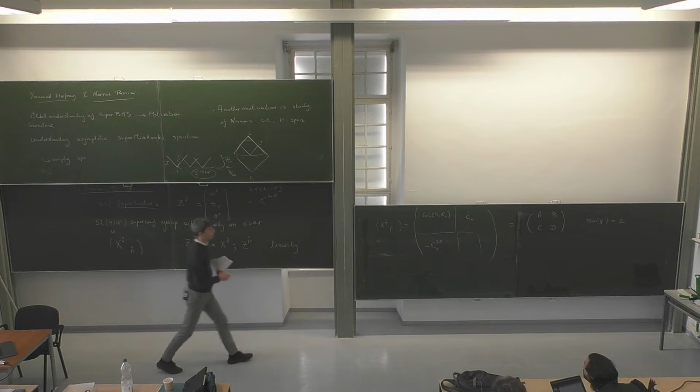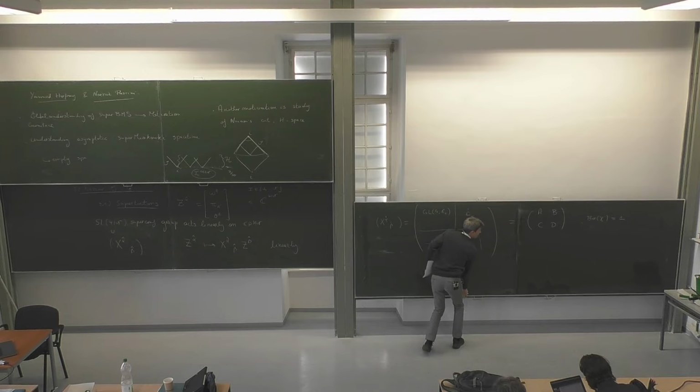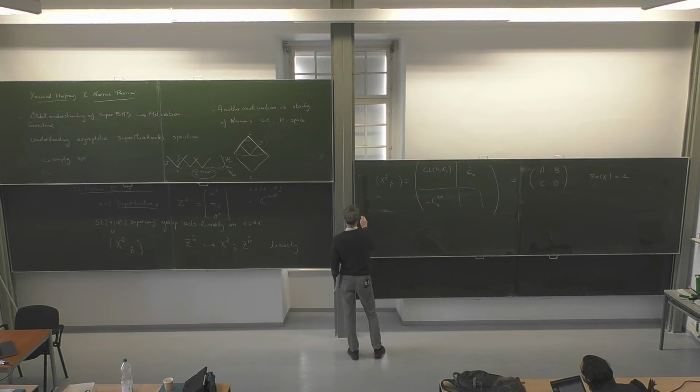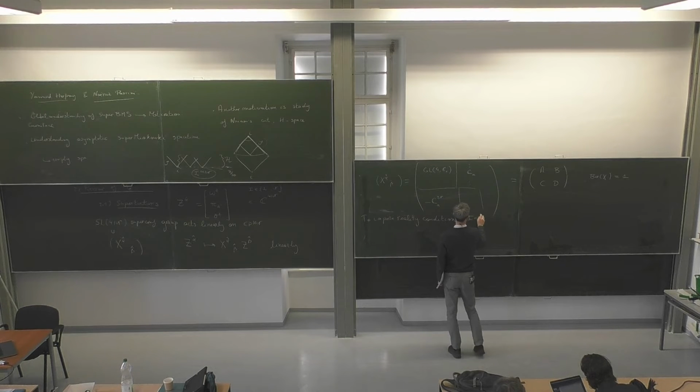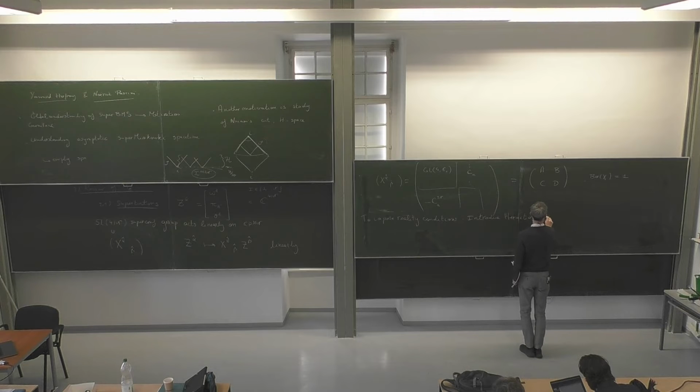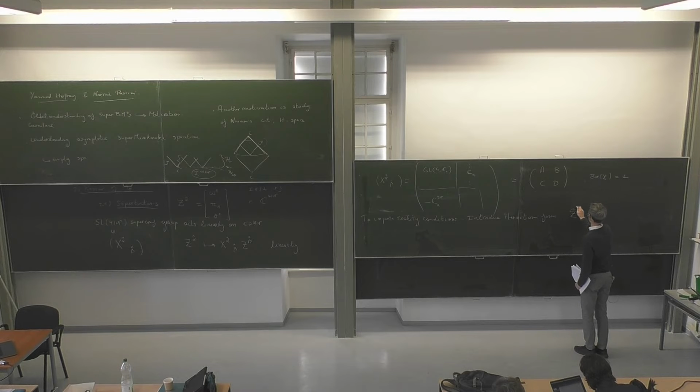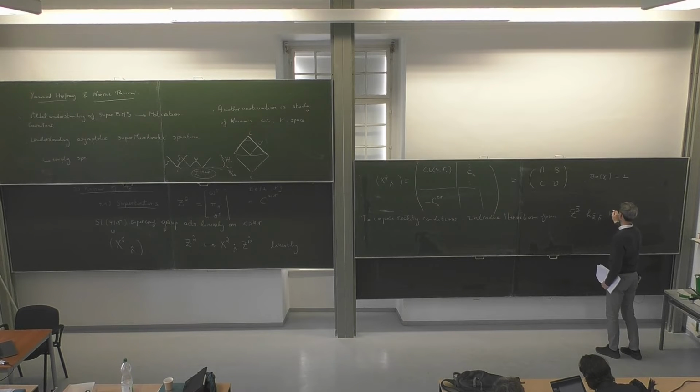Then we would like to introduce reality conditions. For that, we need to introduce a Hermitian form to impose reality conditions on supertwistor space, and I will give it in components here. You take the complex conjugate of a supertwistor, and then there is this invariant form that can contract two supertwistors.